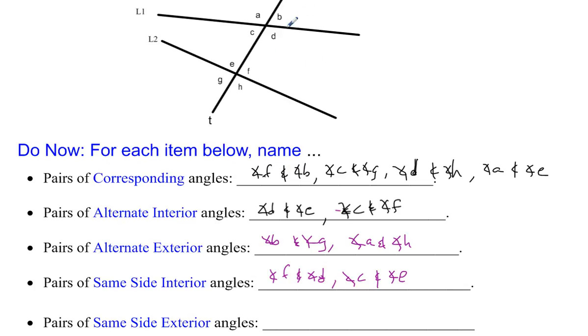Same side of the transversal, exterior, outside of the two lines, angle B and H. And what else? As you guessed it, angle A and G.